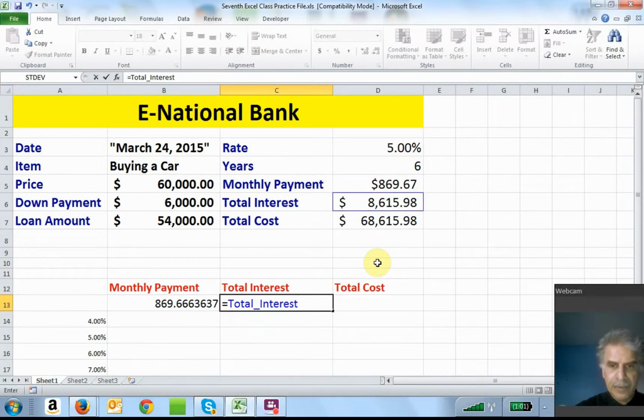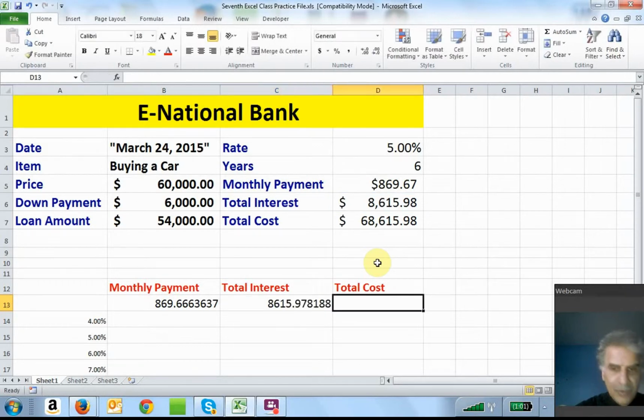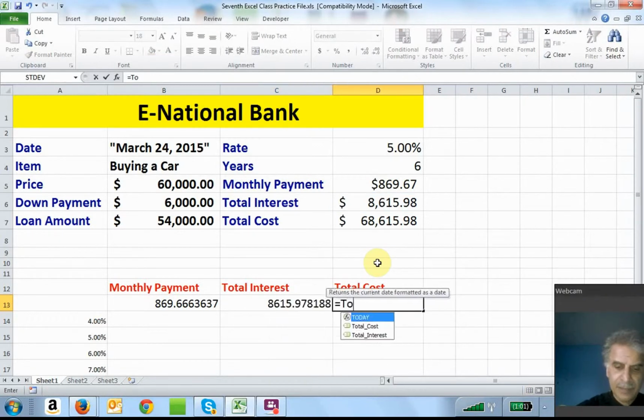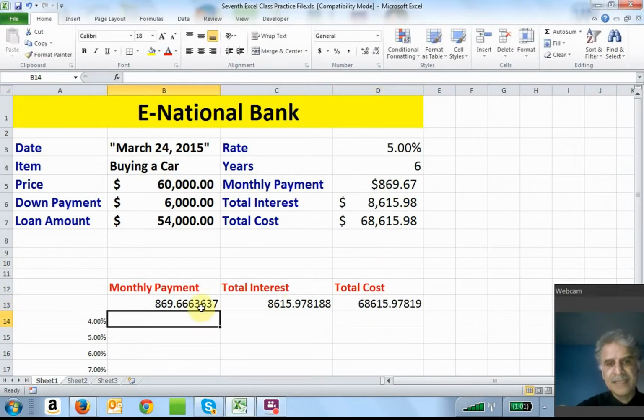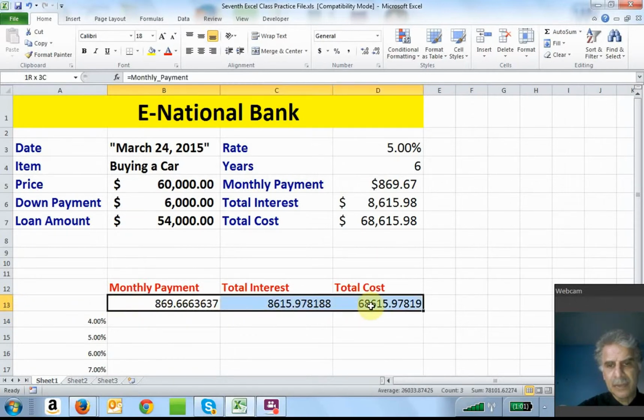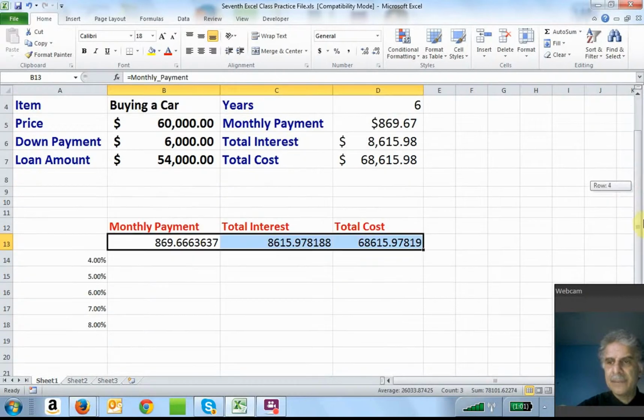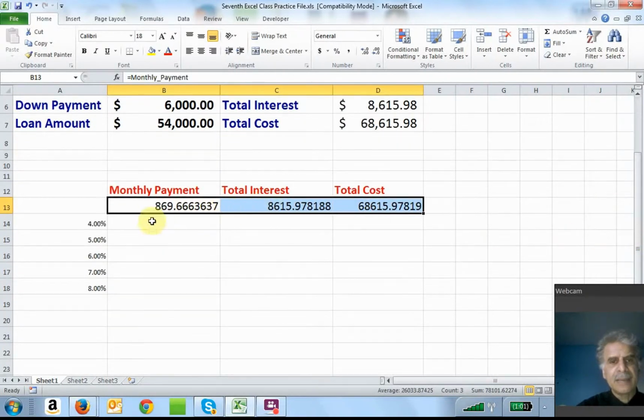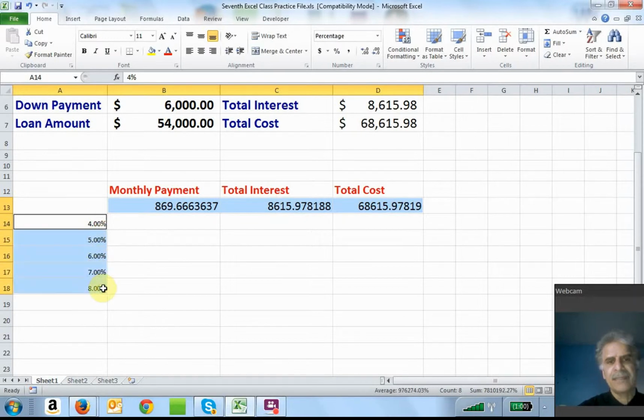And for total cost, again, I could. Now, since I have this row, it would be considered as a formula row. And I'm going to try to use this interest rate for the formula I have.